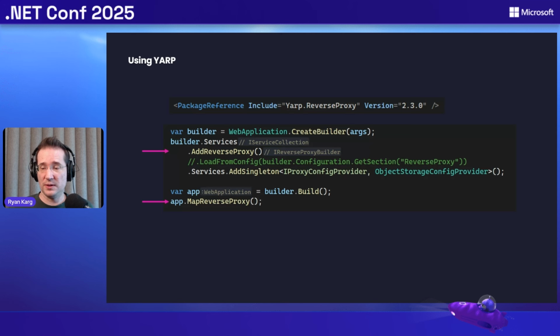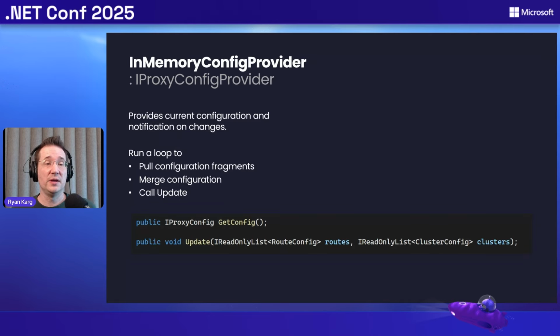And so I mentioned that we have the code for the standard implementations, which can be a great starting point to how you write your own behavior. And in this case, there is an InMemoryConfigProvider that Yarp ships with, and it provides the IProxyConfigProvider interface, which has a GetConfig method.